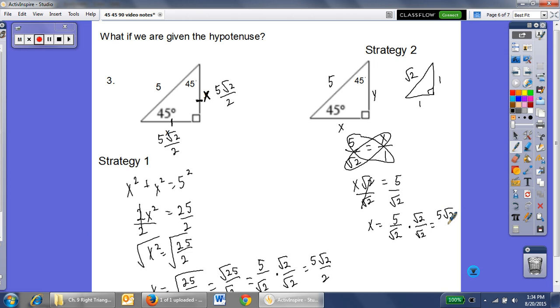And finally, simplifying, we get 5 square root 2 over 2. So that is x. And that's also y, since this triangle is isosceles. Different strategies. One uses the Pythagorean theorem, one uses the mini triangle and cross multiplying, and you get the same answer. So they're both great ways to do the problem. Your preference.